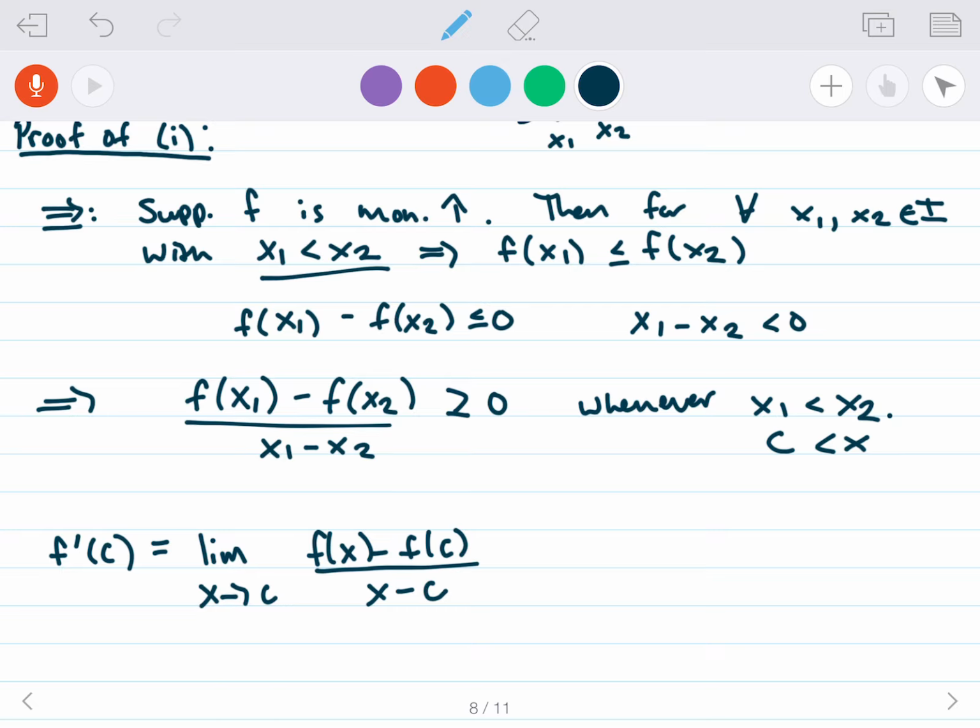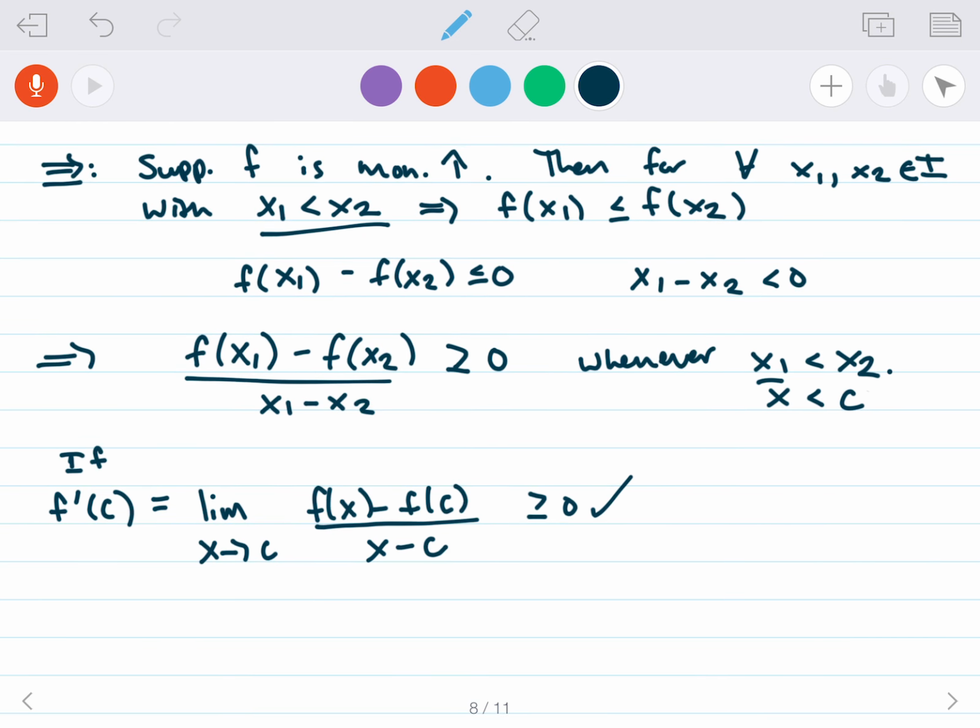And so, yeah, if x is less than, this should be flipped. Sorry, this should be x less than c. Okay, so if x1 is x, then x2 we can think of as c, and the result holds. This is going to be bigger than or equal to 0, so that works.